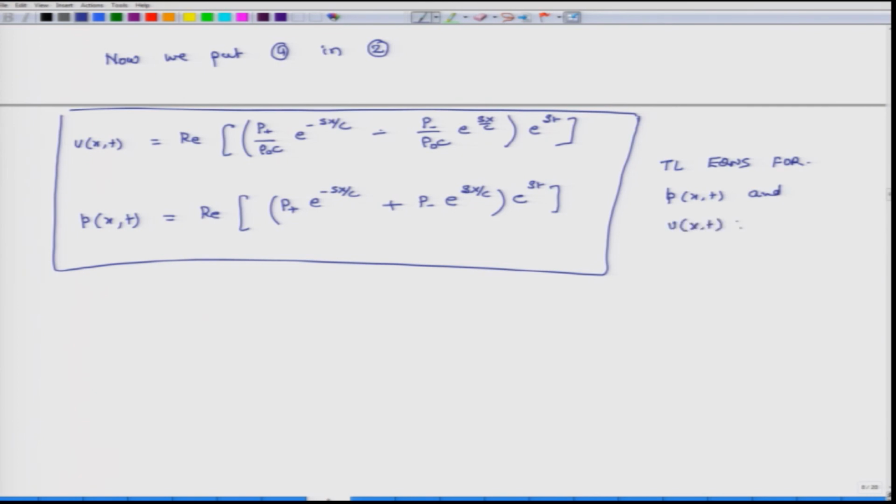Now, there is a term known as Z naught, and this is defined as rho naught c. So, it is a constant Z naught.